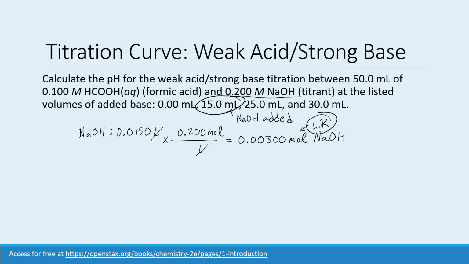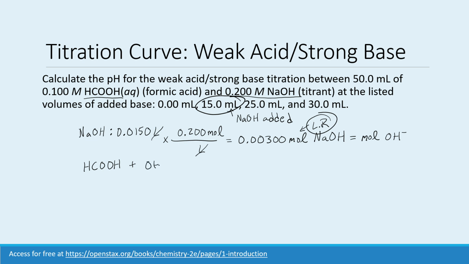So because it is a strong base, it's going to react with that weak acid, where we have the weak acid, HCOOH, and sodium hydroxide. Remember, that is the same thing as moles of the hydroxide ions.